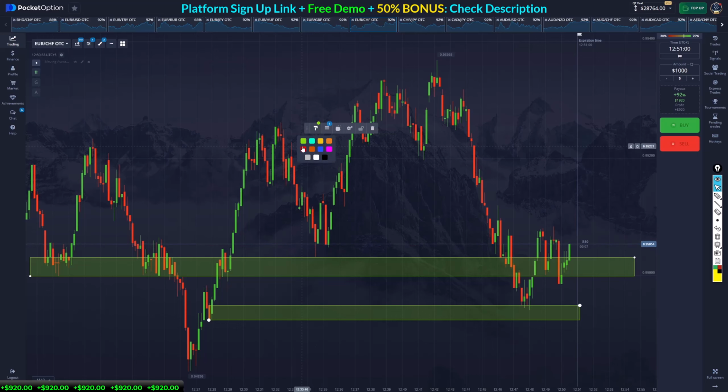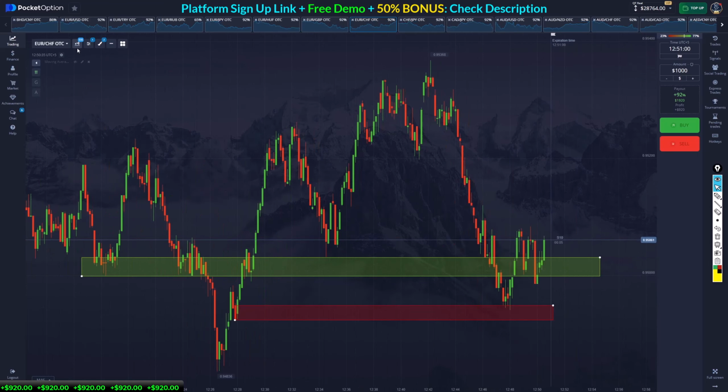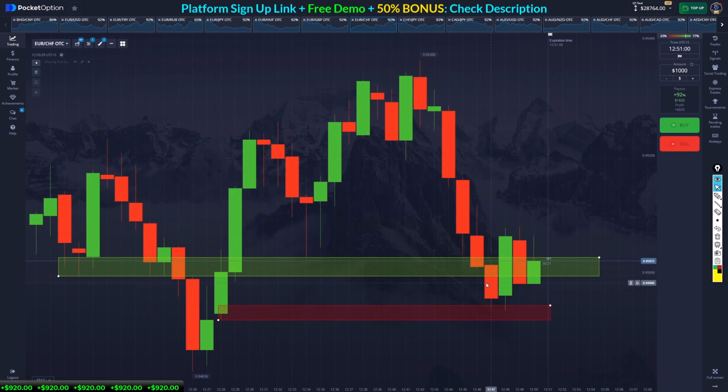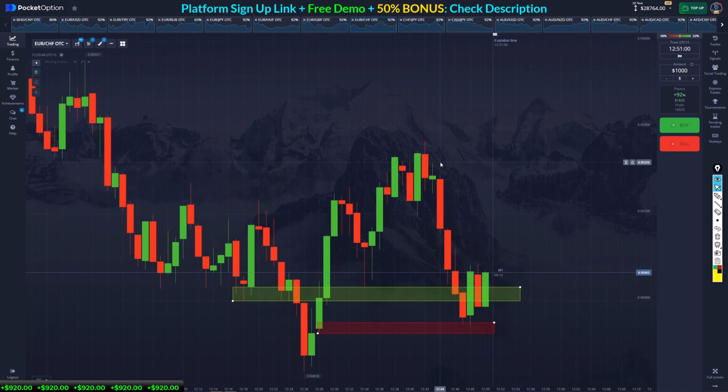I personally like to make it red so we can differentiate it from the zone. And the moment the candle comes inside of the zone, you need to enter immediately. And a very important point: make sure this is on flag mode.